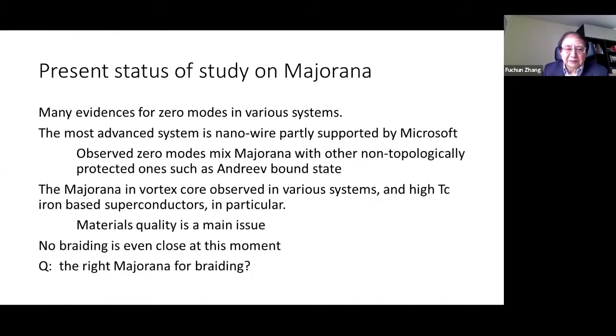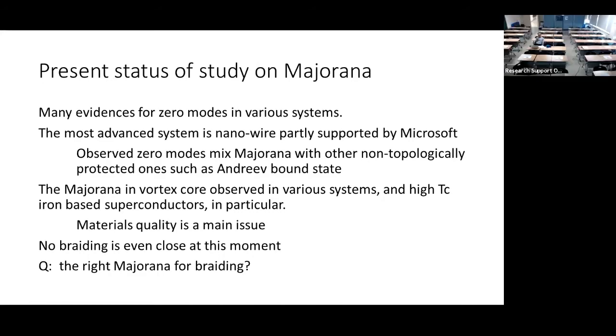His study says that in Leo's experiment, 85% of these zero modes are probably not Majorana, but about 15% are Majorana. That's what they found maybe two years ago.